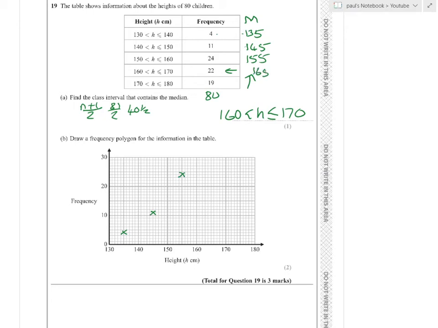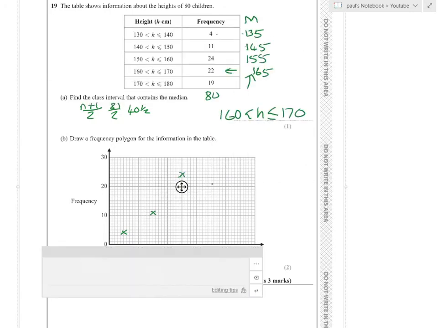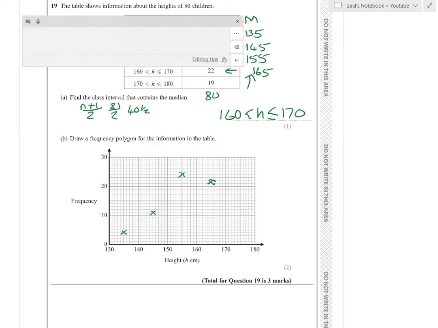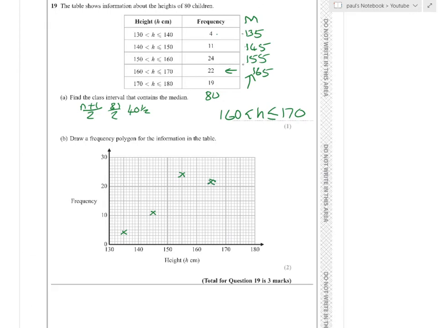165 and 22. Where's that? No, don't do that because I can't see where it is. About there. And the last one is 175 and 19.